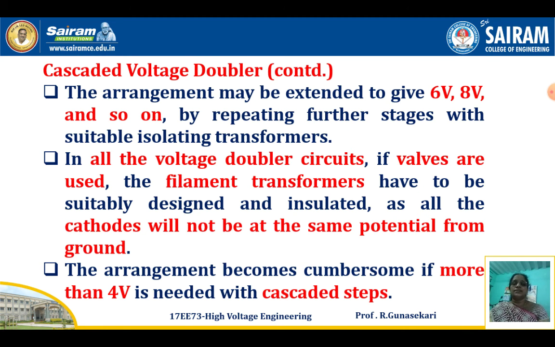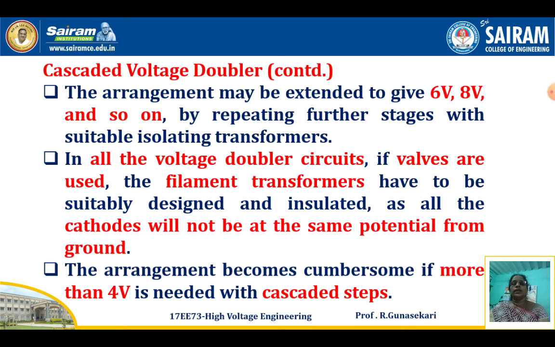This is the design procedure for making cascaded voltage doubler circuits. The cascaded voltage doubler arrangement may be extended to give from 4V to 6V, 8V, 10V and so on by repeating further stages with suitable isolating transformers.